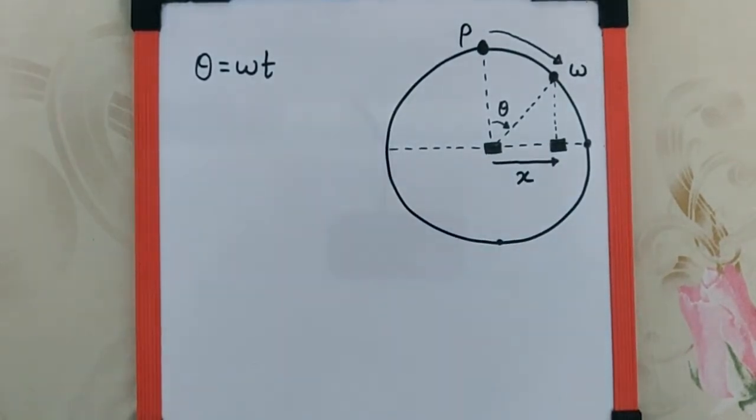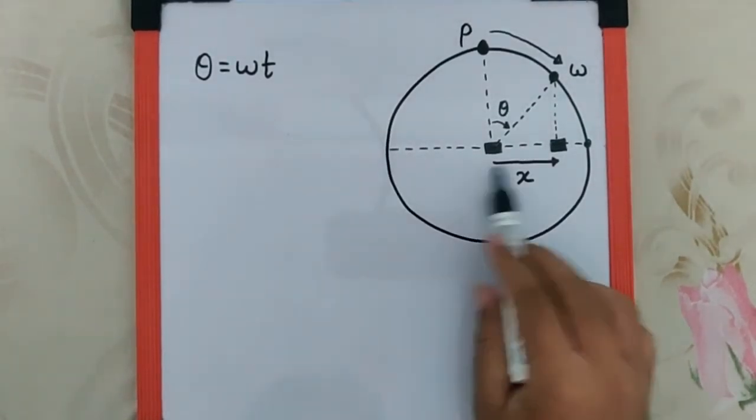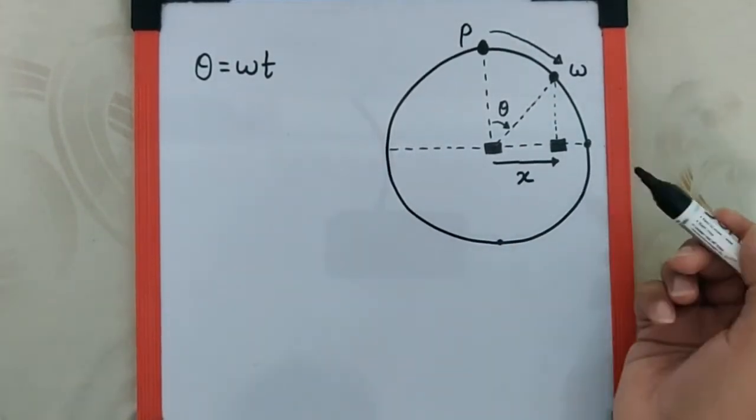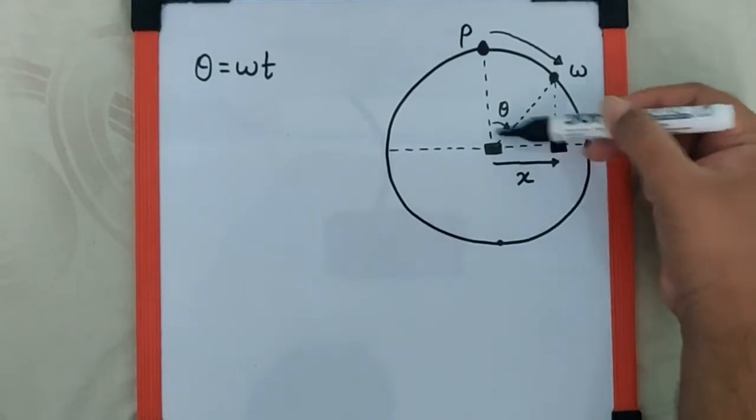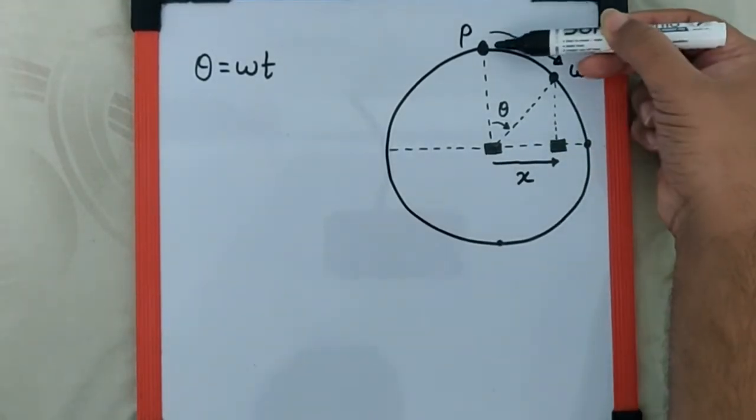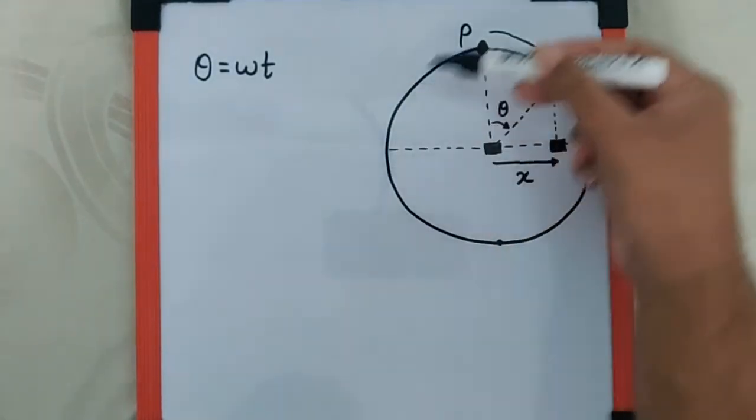Now since you have understood that UCM can be used as a way to explain SHM, we use the angle to describe the position in SHM, considering that whenever a particle is performing SHM, we imagine that particle as a shadow of some imaginary particle performing UCM.